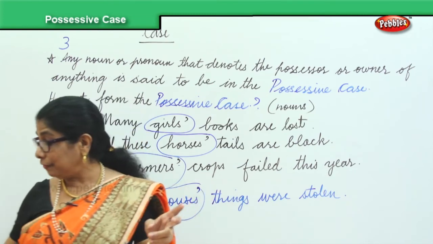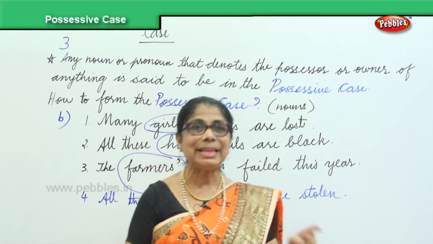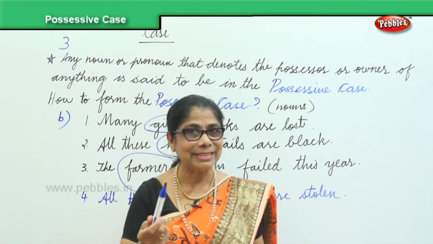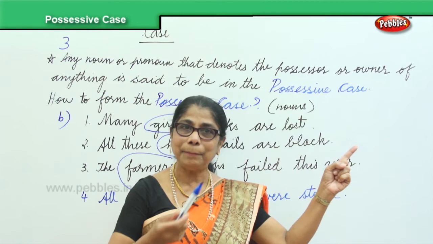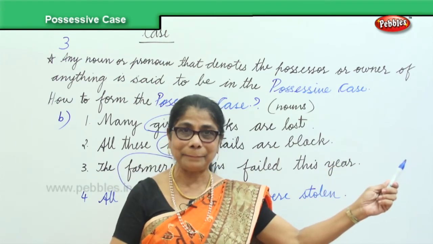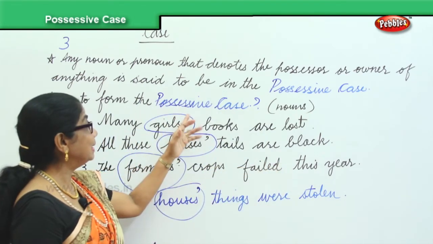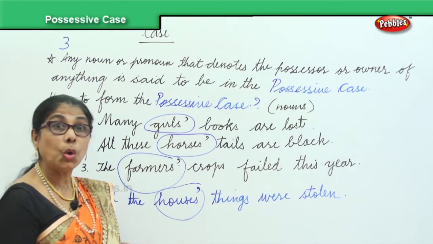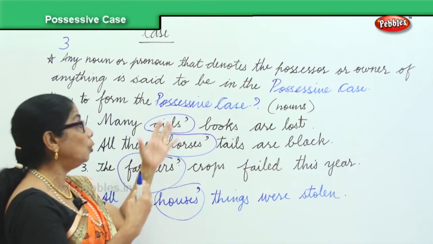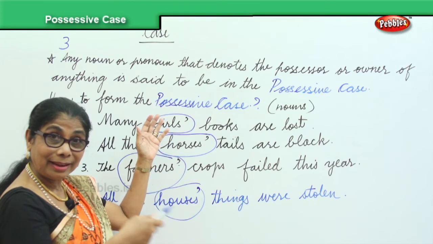So in the second form, first we said to form the possessive case, singular: this is Peter's. Peter, apostrophe and S. Peter's pen. In this case, it is plural, girls. Many girls or all the girls. The apostrophe comes outside.